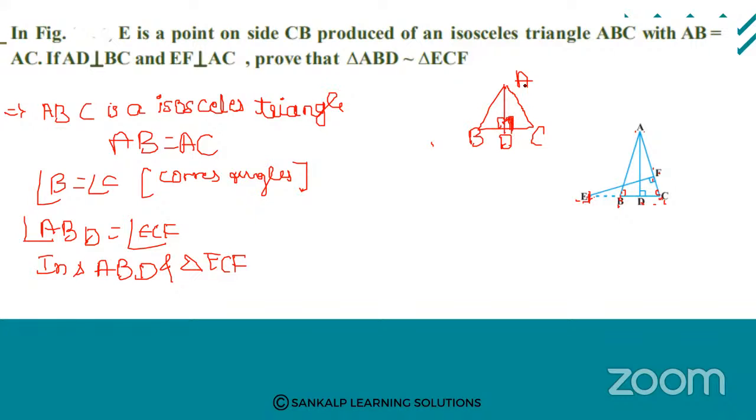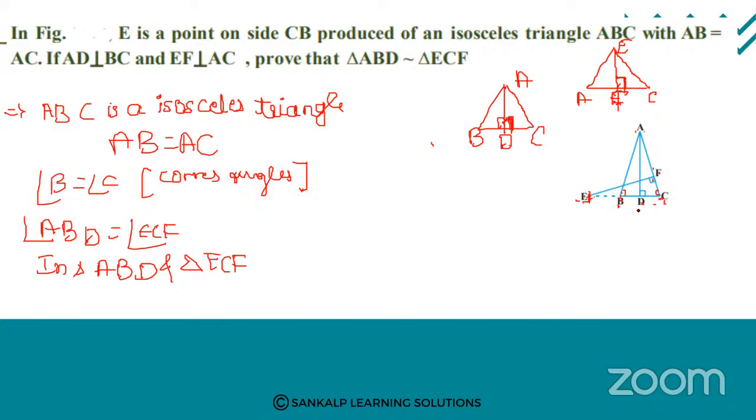Yes or no? So if you draw a perpendicular anywhere, there it makes a 90 degree angle. Like that, when you draw EF perpendicular to AC, that means AC is a base here. So if you are drawing EF perpendicular to AC, here also it makes an angle of 90 degrees.